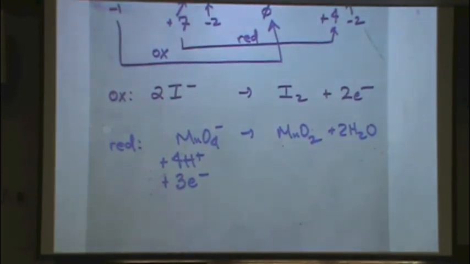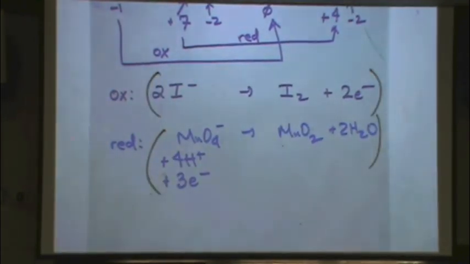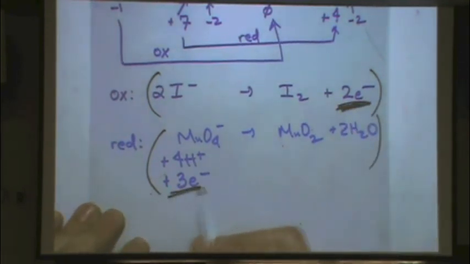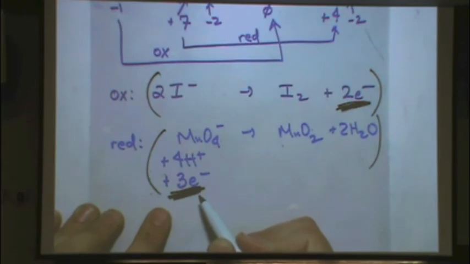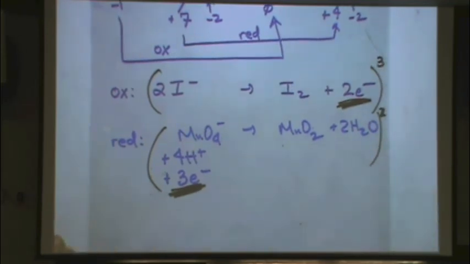Okay, now let's do our multiplication and adding these simultaneous reactions up. This is 2 here, and my other intermediate is over here as a 3. The least common multiple will be 6, so it's a 3 and a 2. Multiplying, that'll cause my electrons to cancel.